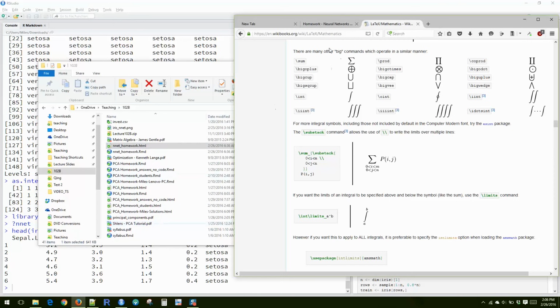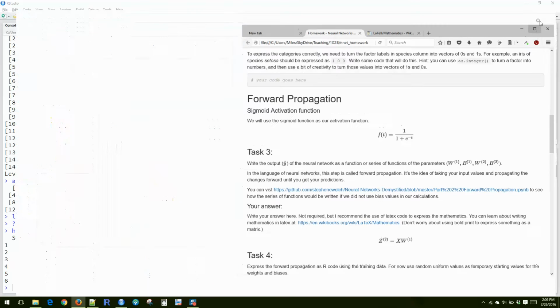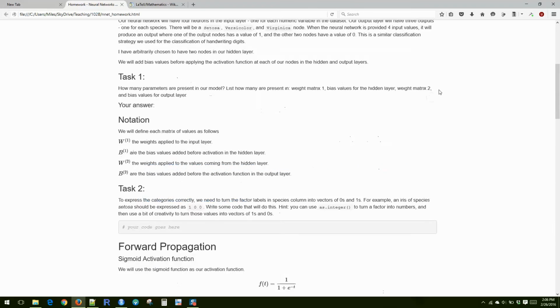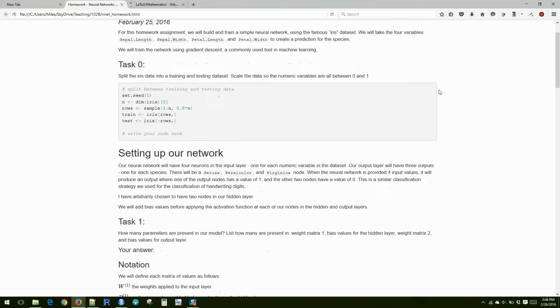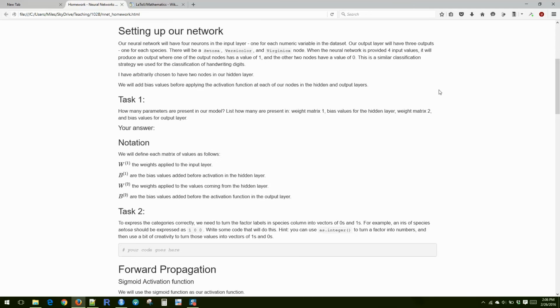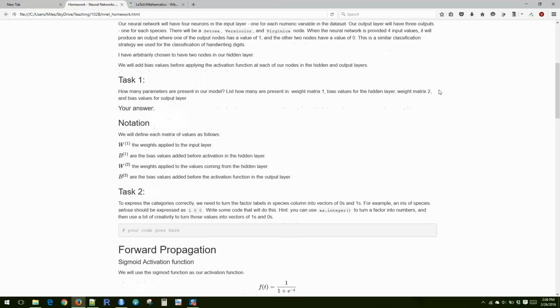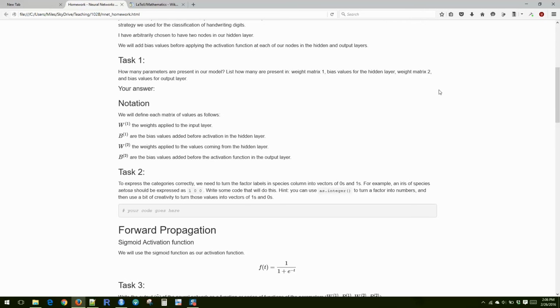I believe I've made the homework pretty straightforward. You're going to have to scale your data so everything's between 0 and 1. Then you're going to set up the network to have 4 input nodes, and 2 nodes in the hidden layer. That was arbitrarily chosen; we could have just as easily chosen 10 nodes in the hidden layer.